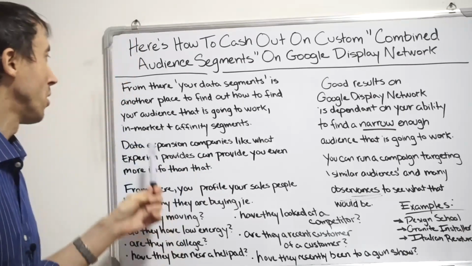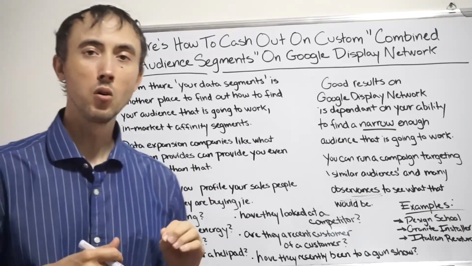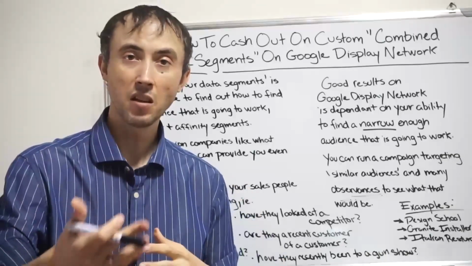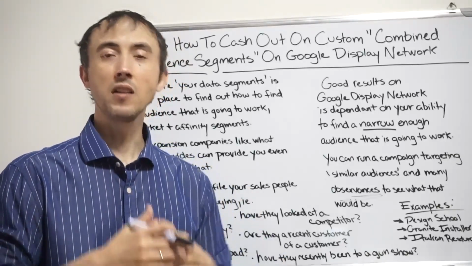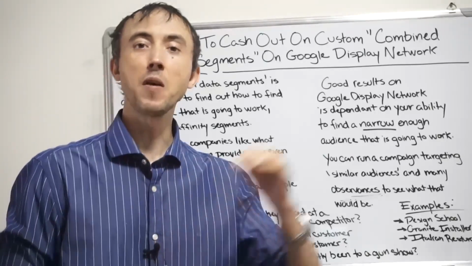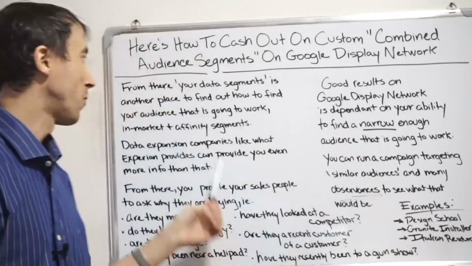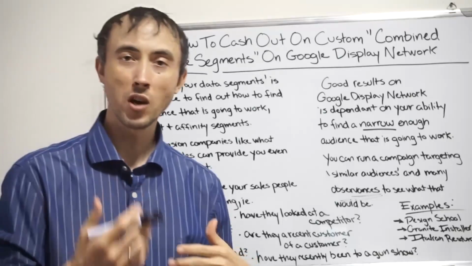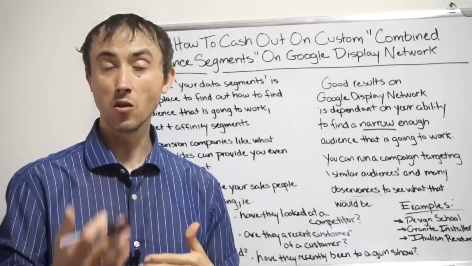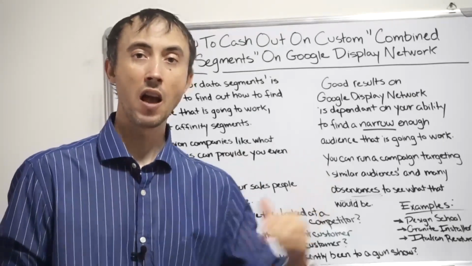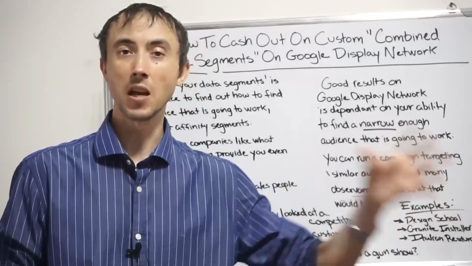So they tell you, of the people who are in market to buy something, what they're in market to buy, if they've been on your site or if they've been a customer in the past. And for the affinity, what kind of traits did those people have that have been to your site or have been a customer through your site before?